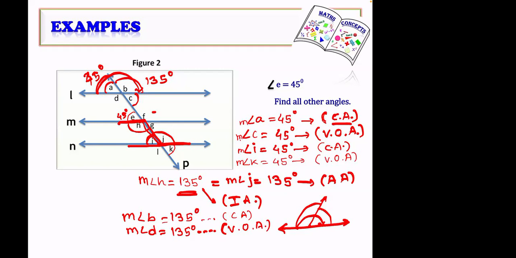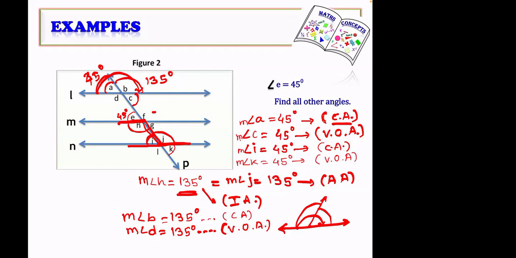Yes, Ayush. What will be the measure of angle F? Do you have any doubt? Ma'am, can I try? Yes.